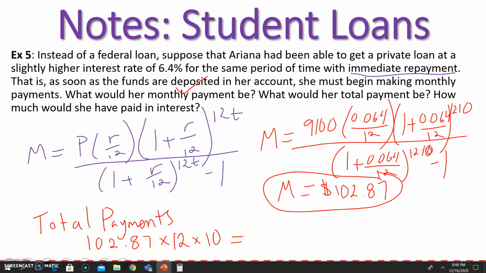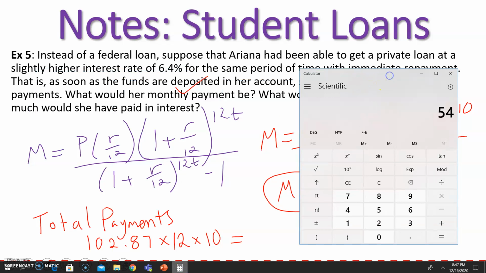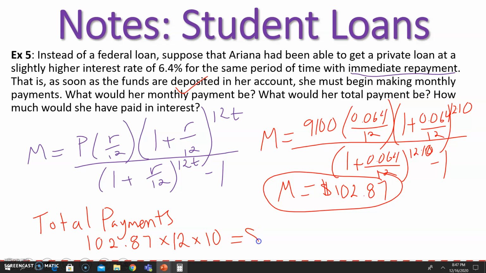So 102.87 times 12 times 10 years will be a total of $12,344.40. That's her total payments for all of her loans.